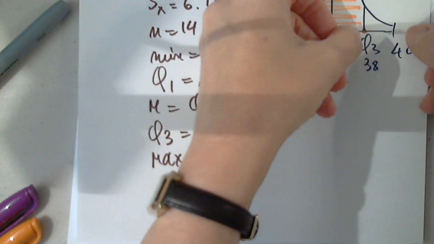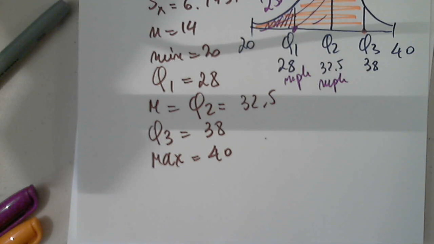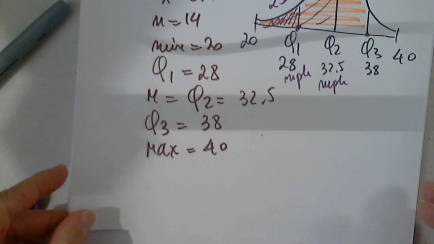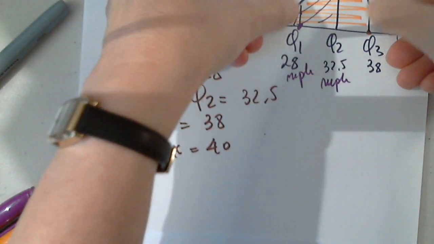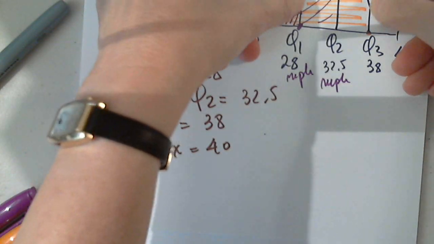How many, for example, between 38 and 40? 25%. How many drove between 32.5 and 40? 50% of those in the data set. And that's why we call them quartiles. It gives us the picture of where the bulk of the data is.